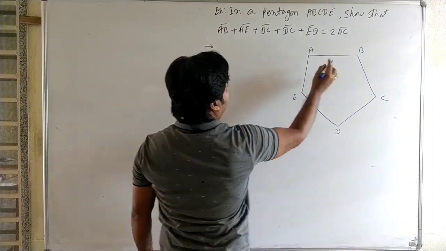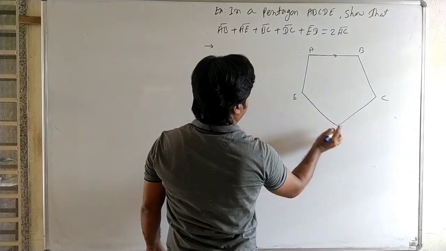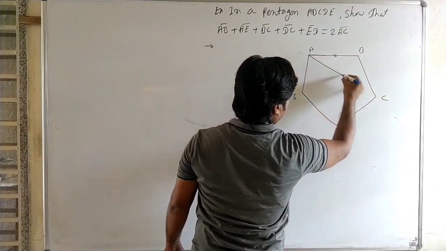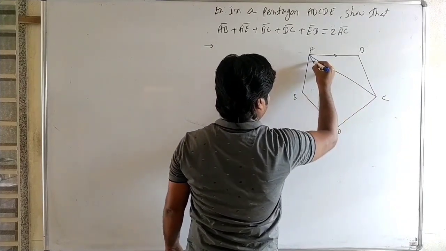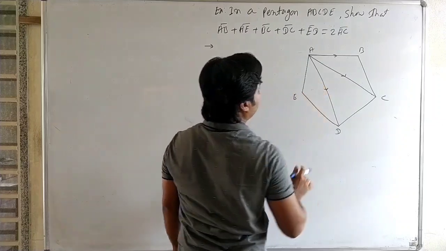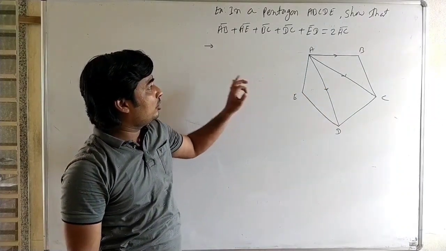Now AB plus AE plus BC, DC and ED are here. We have the last answer in the form of AC.